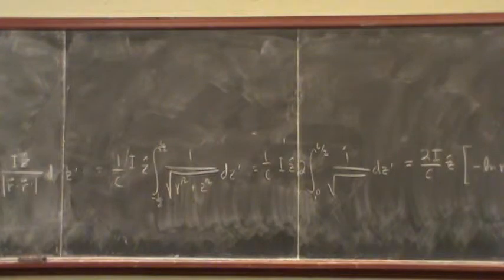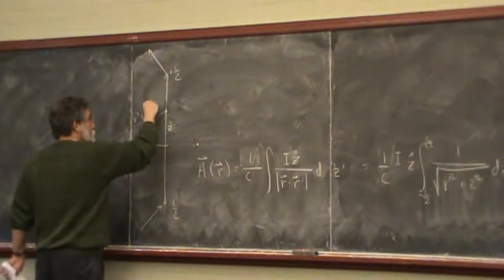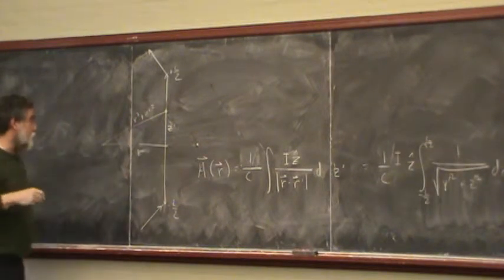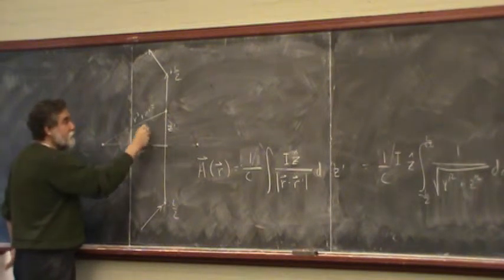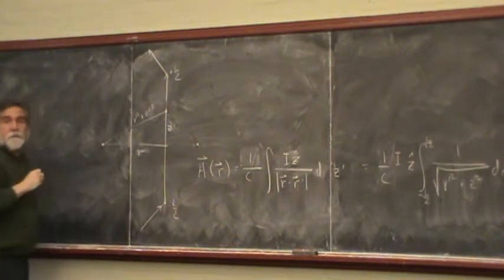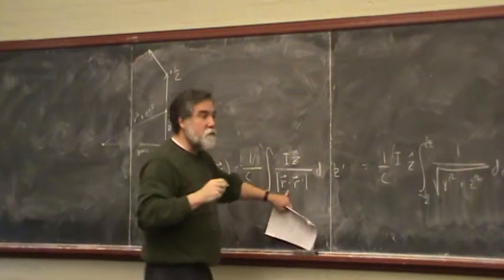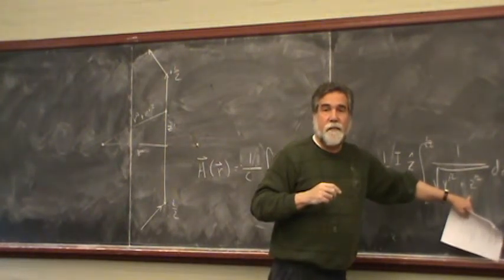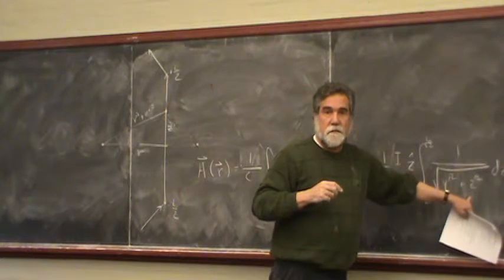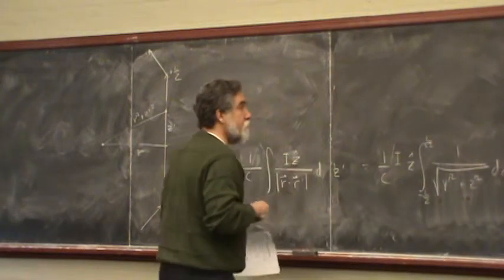And this here is r squared plus z prime squared. If I'm measuring with respect to this point here, I can call that 0 and measure there, that is r prime. So that's how this turns into that. This is a distance, it's not the vector.